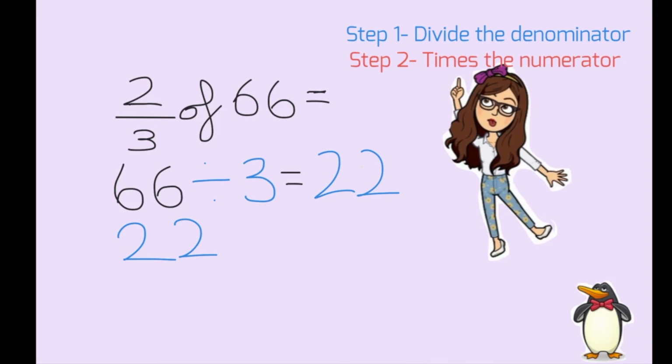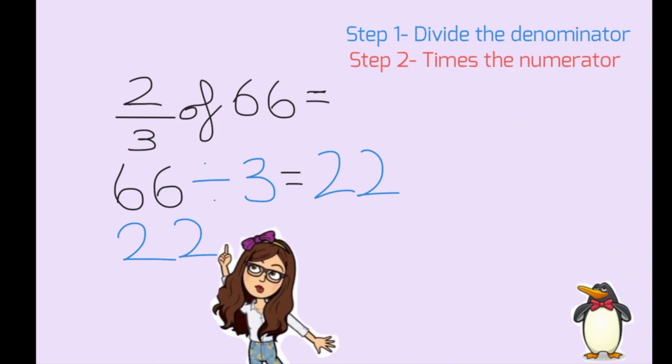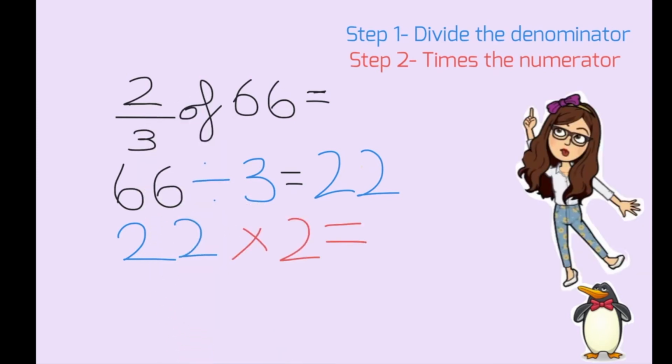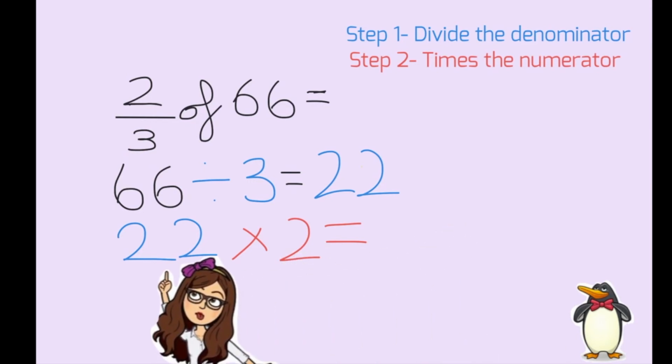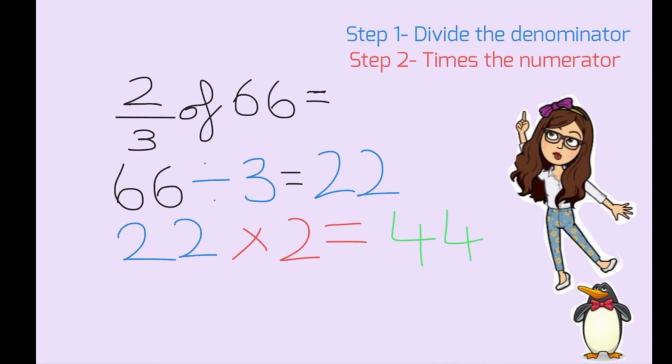So my next step would be to times the numerator. So I would need to do 22 times 2. Well, if I know that 2 times 2 is 4, then I know 22 times 2 equals 44. 2/3 of 66 would be 44.